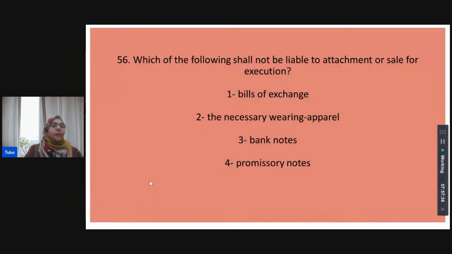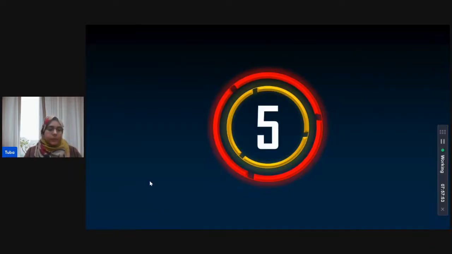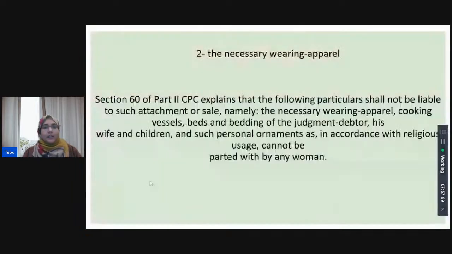Aditya, you are correct. Which of the following shall not be liable to sale or attachment for execution? Bills of exchange, necessary wearing apparel, banknotes, or promissory notes. Chetan thinks necessary wearing apparel, and that is correct.